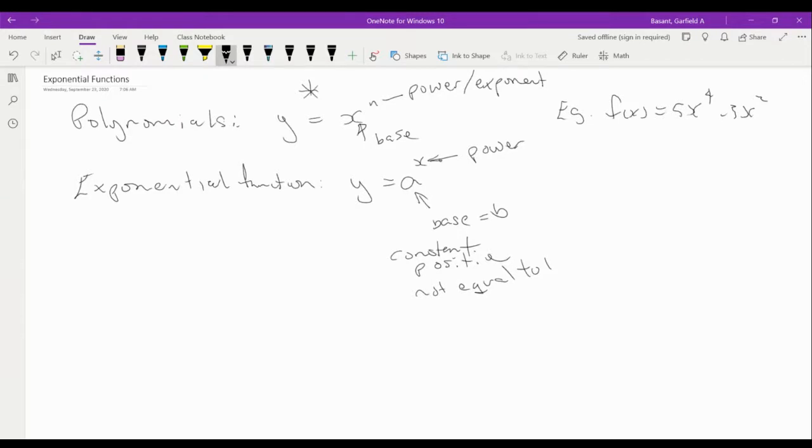In the base, we have the constant or the number, and this constant a right here, with our base, is going to be positive and it's not going to be equal to 1. And you'll notice that now the power is our variable. So we've switched roles in terms of the polynomial and the exponential function. So now the base is the number and the power is the variable.